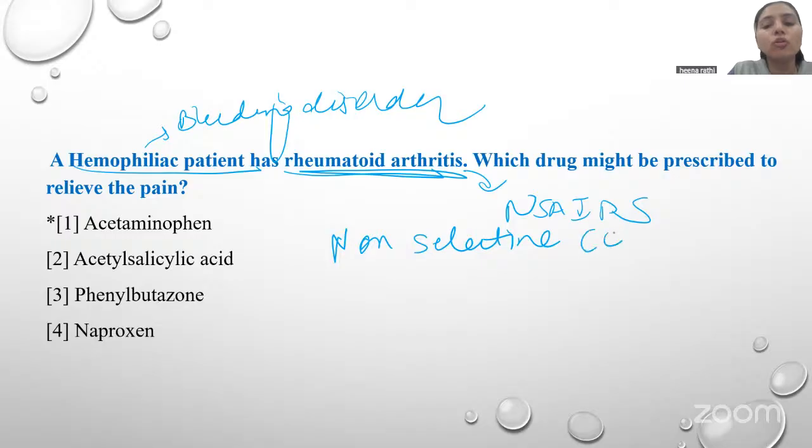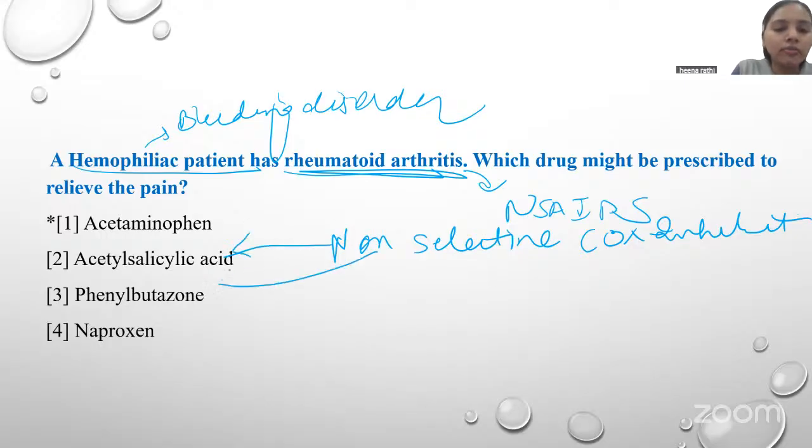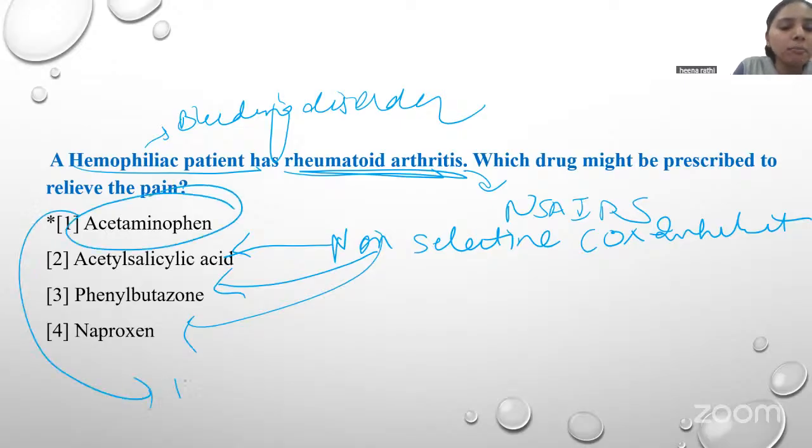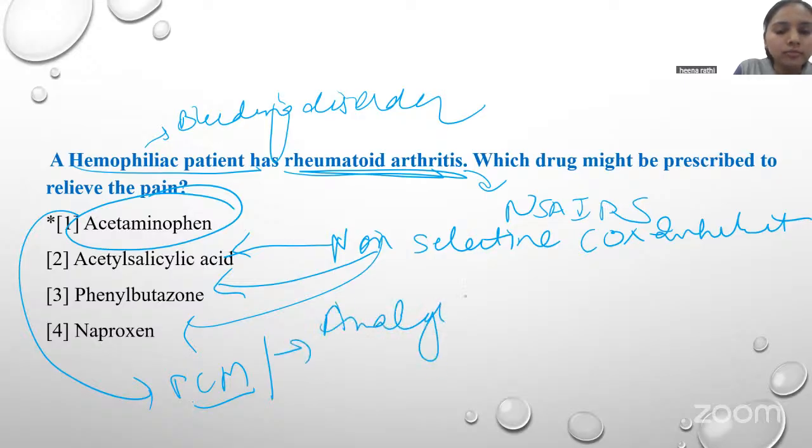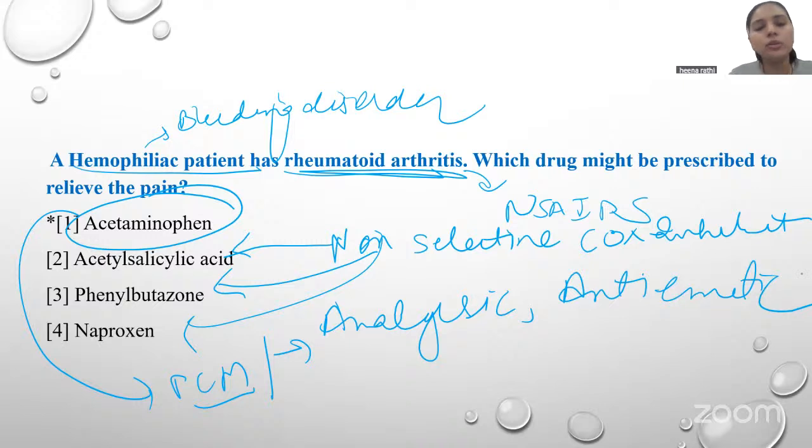If we give a non-selective COX inhibitor, it is also going to increase the bleeding. The person will have excessive bleeding, like with acetylsalicylic acid, naproxen, phenylbutazone. Acetaminophen is paracetamol. Why can we give it? Because it is analgesic and antipyretic, but a poor anti-inflammatory. We can give it to the person who is hemophilic.